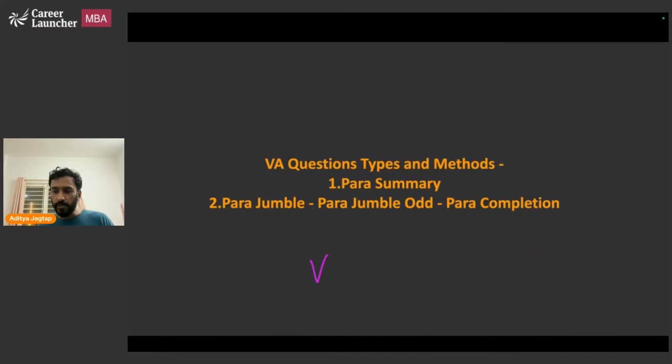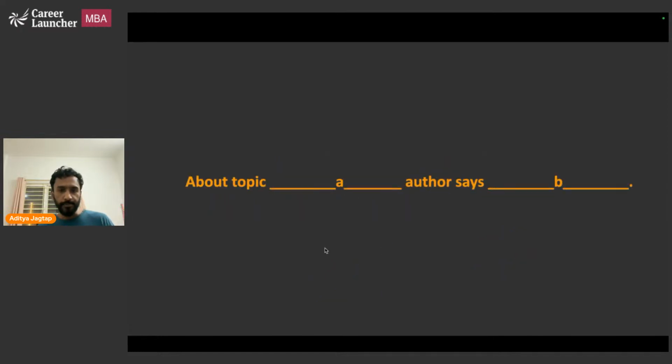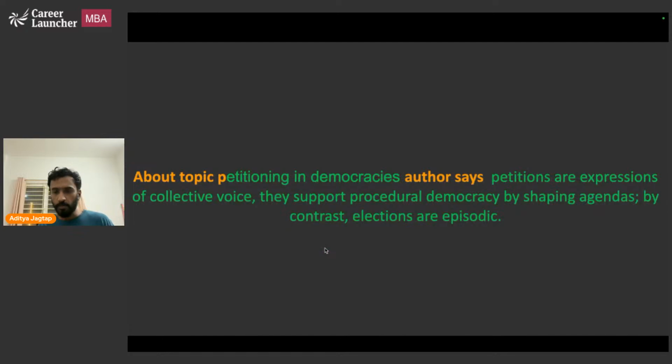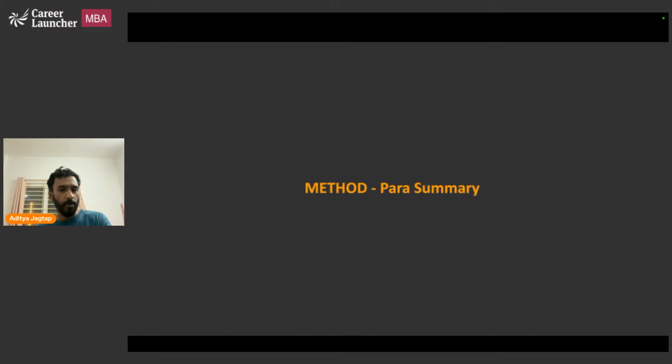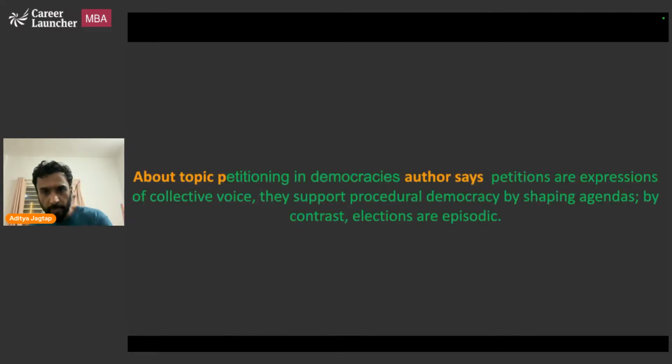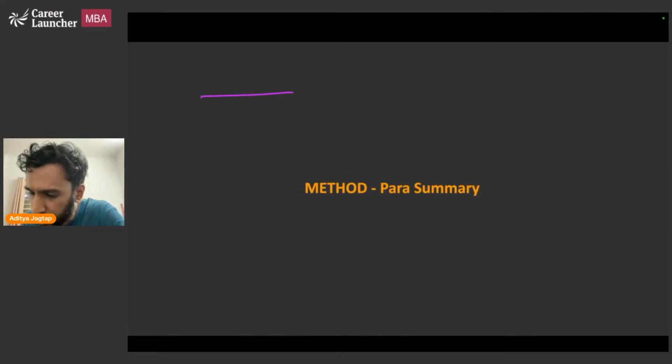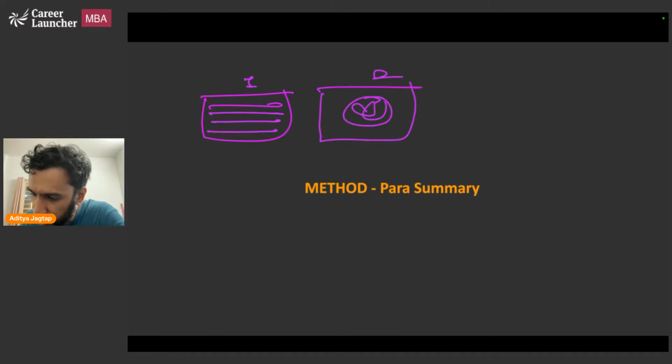If I proceeded to the options too soon, all of these are created by the examiner. So they cannot be trusted. The options cannot be trusted. So what is needed is, when I see the passage first, I read it, and not to get a general gist. Right? I don't want a general gist.